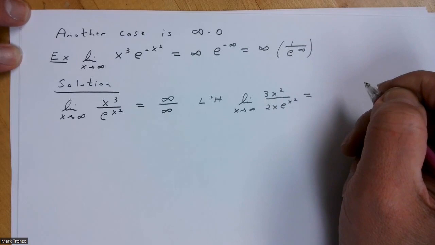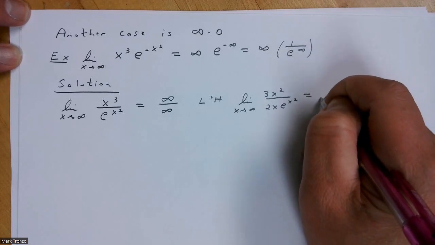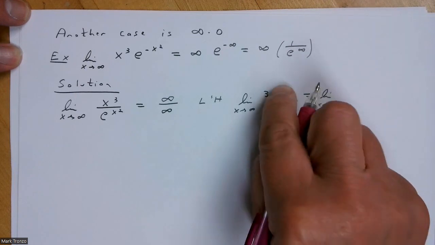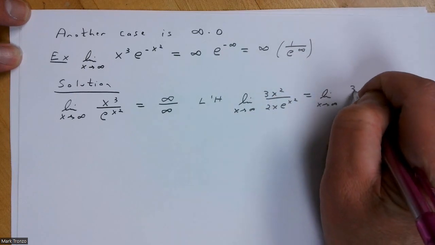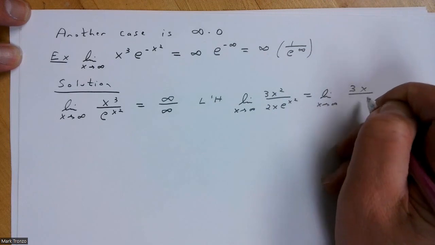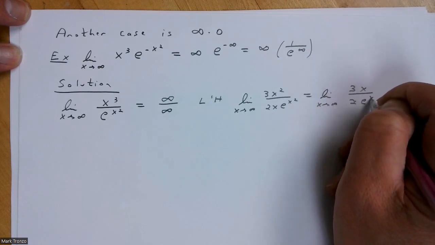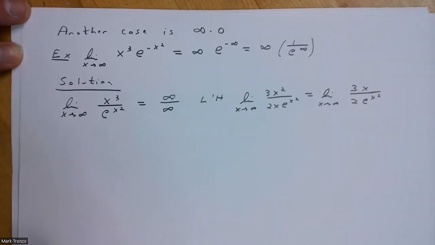And when things cancel here, we'll end up with 3x over 2 e to the x squared.